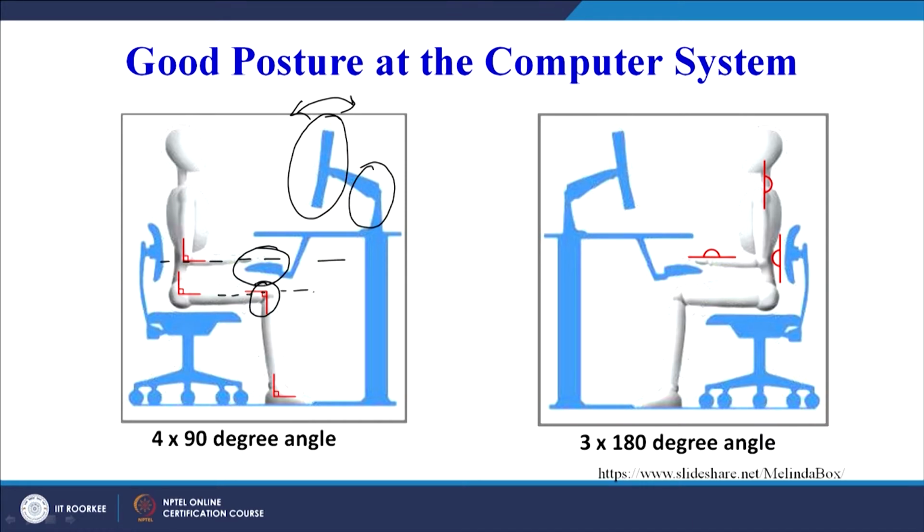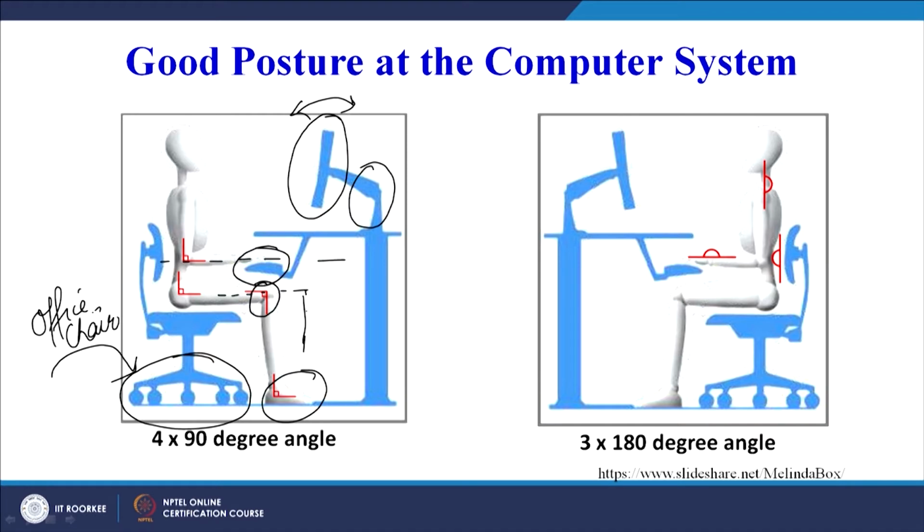This is the thigh and this is the leg. So, what can be the angle? The feet firmly placed on the ground. And if you remember, we have seen the design of our office chair also. This same thing we have seen in the office chair also. This case study we have already taken.